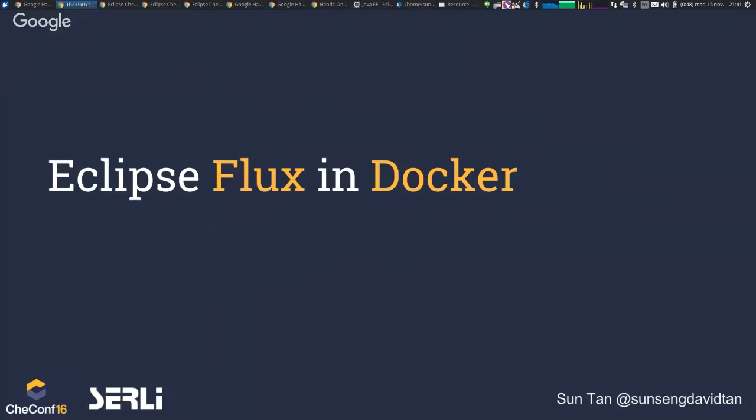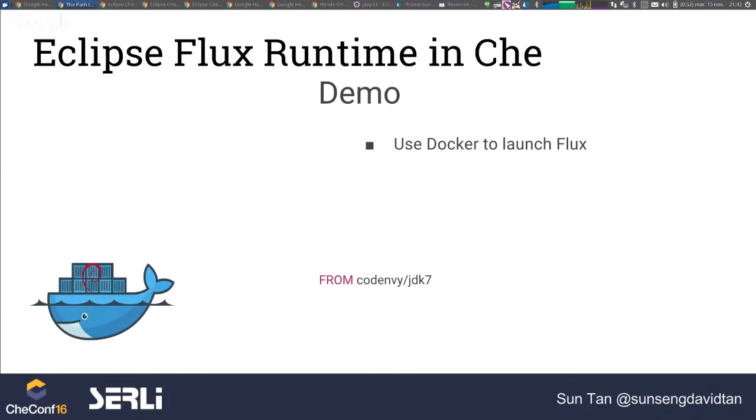Because I'm not a JavaScript developer and I spent a lot of time configuring Flux when I started, I decided to do all this in Docker, so it would be easier to get the Flux server up and running on any server when I need it.